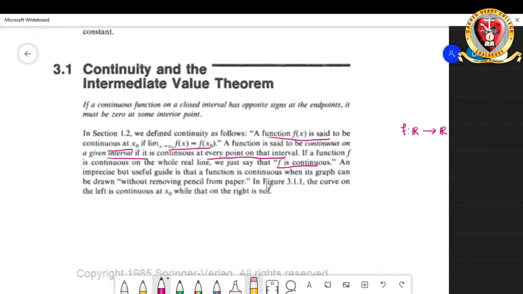As an imprecise definition, we can say that if a graph drawn on the xy plane can be drawn without removing the pencil from the paper, then the function is continuous.